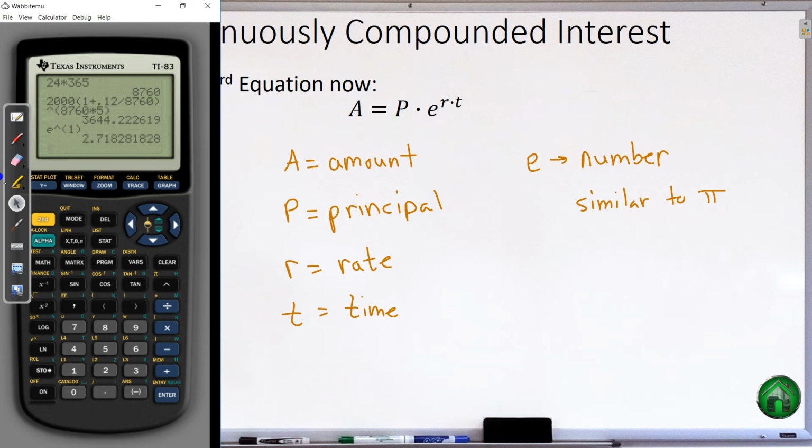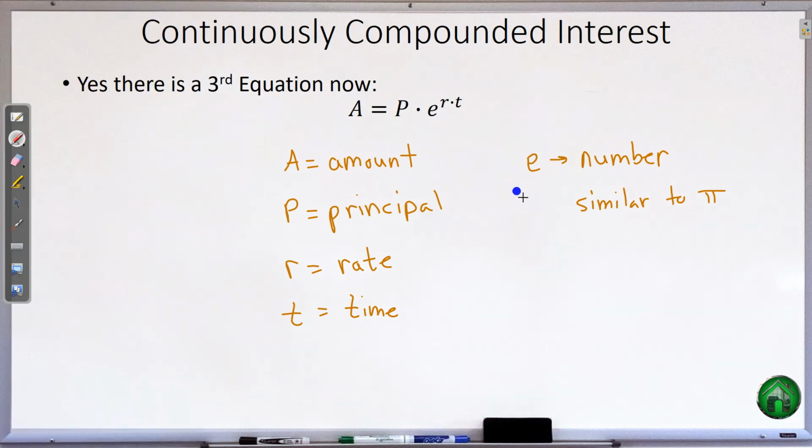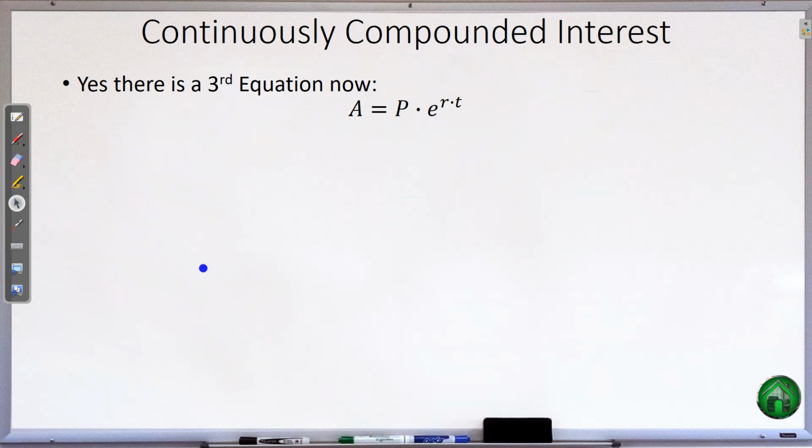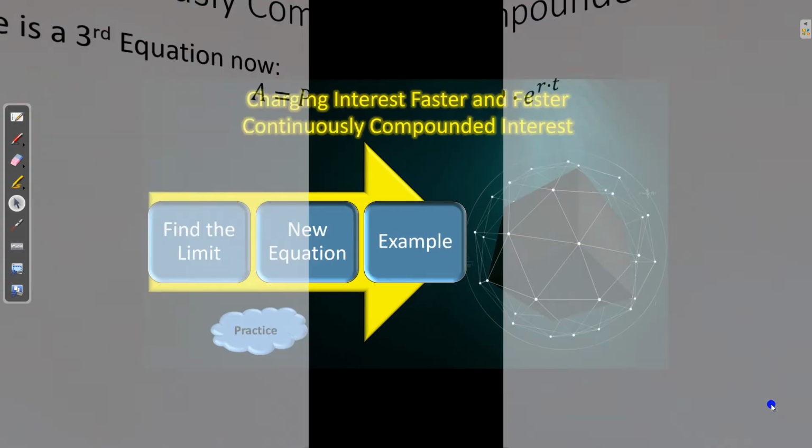And it is the number 2.718281828, and it keeps going. It doesn't keep repeating, but it does keep going. And so E is just a number. It's actually not a variable, just a special number kind of like pi. Using that formula, we can now calculate continuously compounded interest.